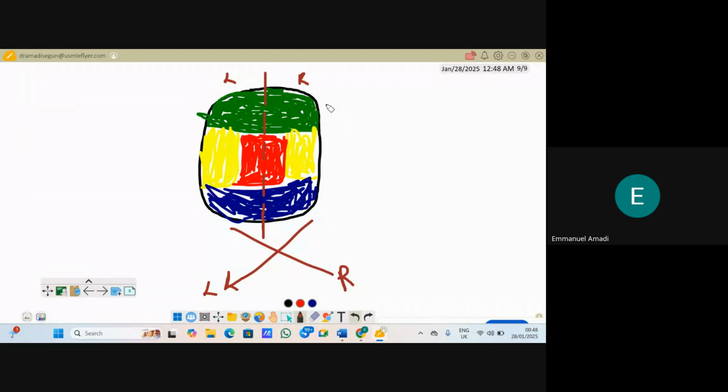Now, see the way the human being is arranged in the cerebral hemisphere. It is arranged like this. We call it homunculus. This is the person's leg. This is the leg.